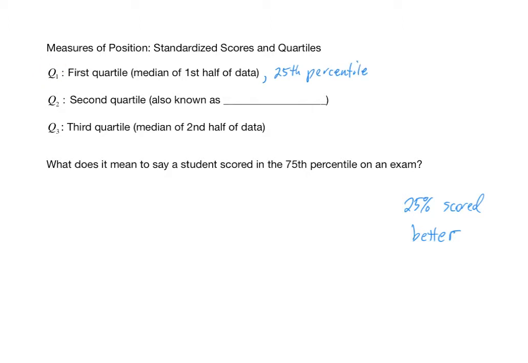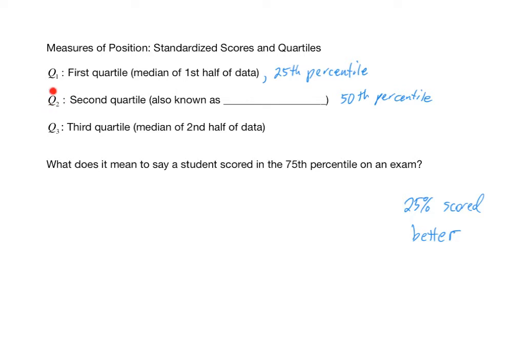The second quartile, which would also be known as the 50th percentile, is known as Q2. But I claim to you that we already studied the 50th percentile. There's overlap here between measures of position and measures of central tendency.